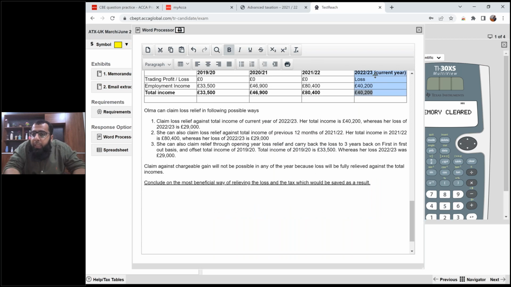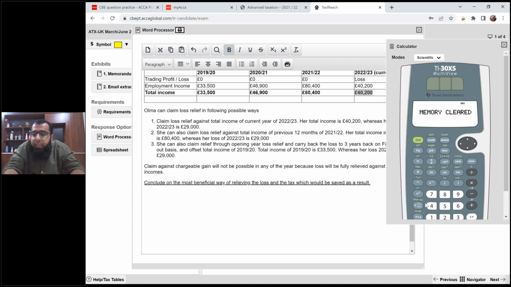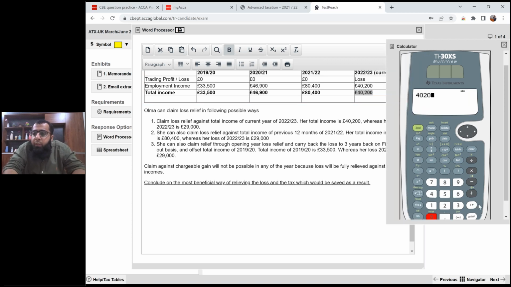So if you claim the relief in the current year, your current year profit is 40,200. 40,200 minus 29,000, your profit will fall to 11,200, which means some of the allowance will get wasted. And obviously, wasting personal allowance is never advisable. Okay.